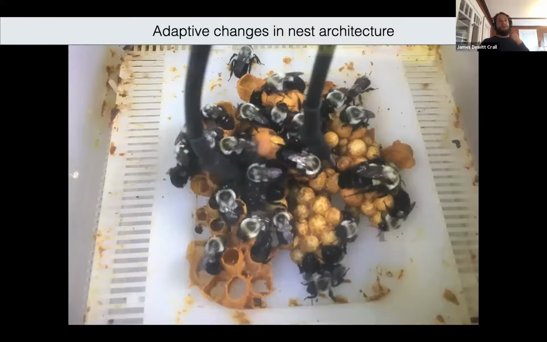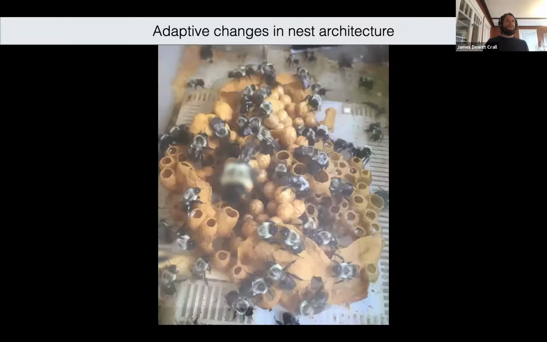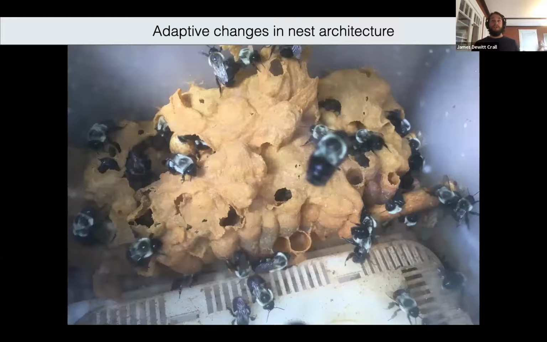Okay, so that tells you a little bit about this active brood thermoregulation, but there's another tool in the thermoregulatory toolkit of bumblebees, which is the ability to change nest architecture. So I'll show you what I mean by that. This is a commercial colony coming right out of the box, where you can see in some colonies, after a few days, they'll start building up a wax covering, which you can see on the bottom here. And in some cases, it gets really extreme and actually envelops the whole colony.